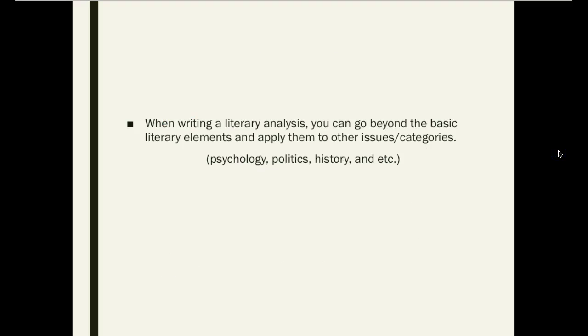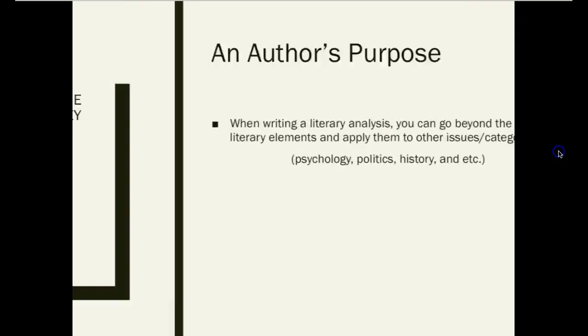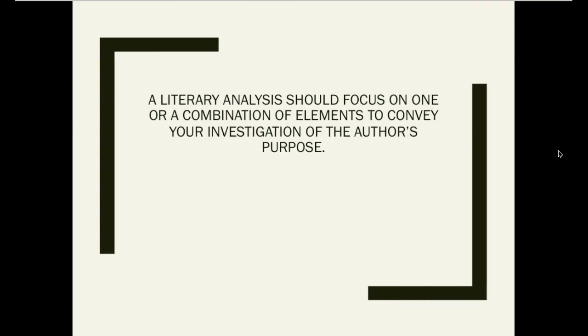So when you're writing a literary analysis, you can go beyond the basic literary elements and apply them to other issues and categories. For example, psychology, politics, history, etc. A literary analysis should focus on one or a combination of elements to convey your investigation of the author's purpose.